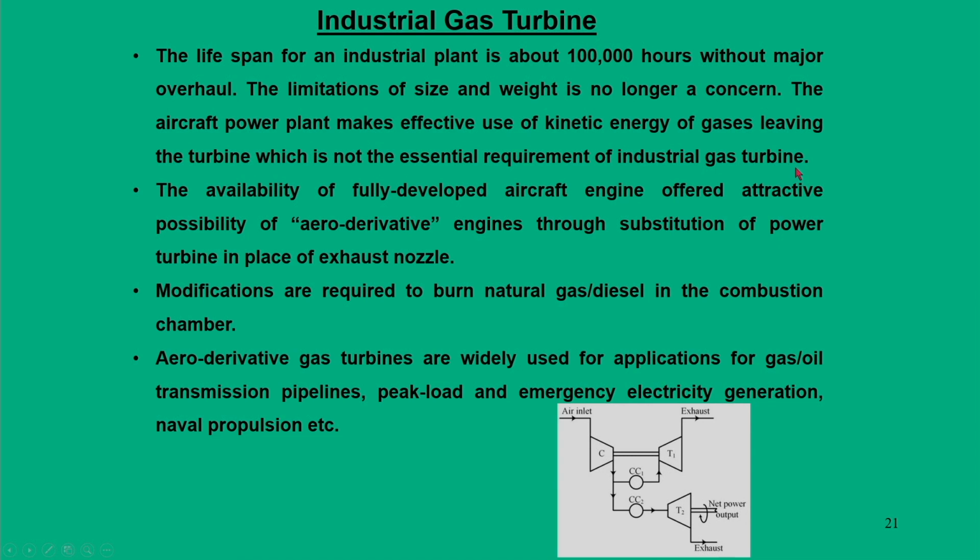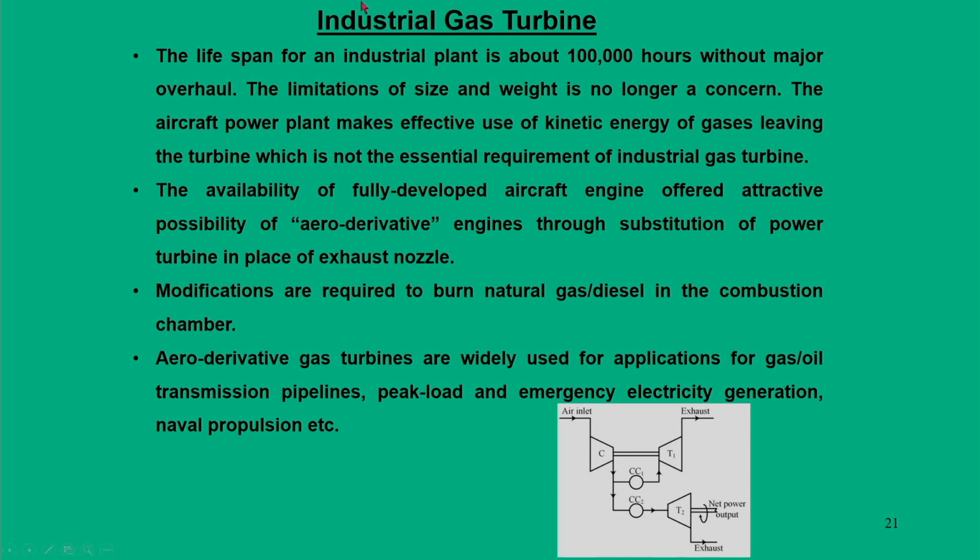For industrial gas turbine units, the first thing is that they should not need a major overhaul. Second, they should have continuous operation throughout the year. Third, we should think of their power production capacity in the megawatt range.